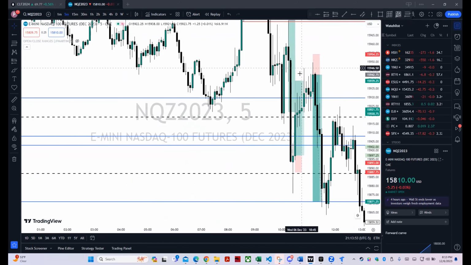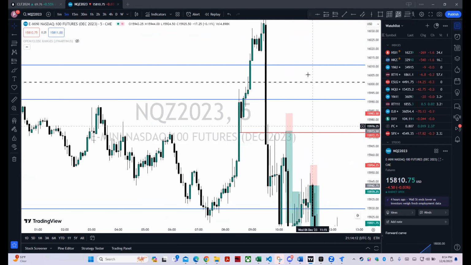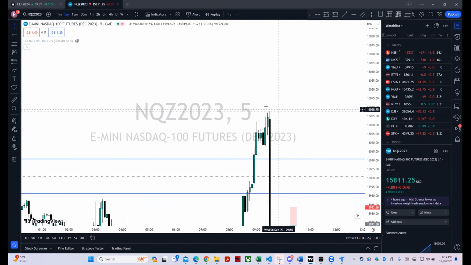Because we've already come down to the consequent encroachment of this 1 hour fair value gap, meaning even if we had an immediate rebalance here, this zone could act as a major support to the upside. We could bounce here and shoot up even higher, straight through the tops of the relatively equal highs.